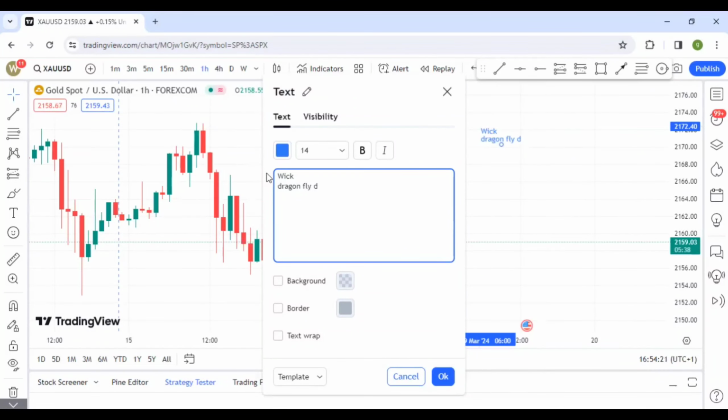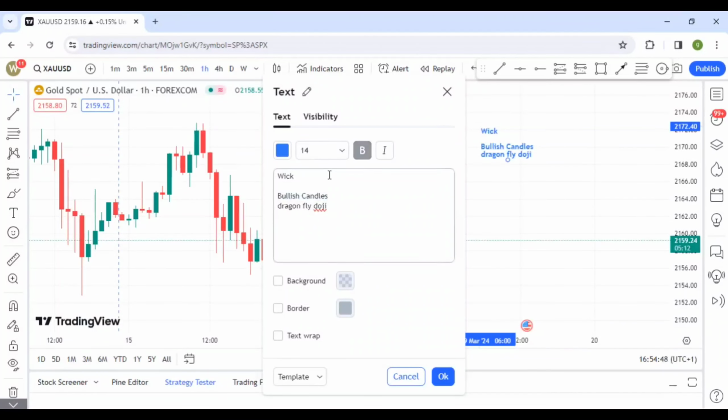Doji is spelled D-O-J-I. Yeah, dragonfly doji. These are bullish candles. So under bullish candles, you have what?